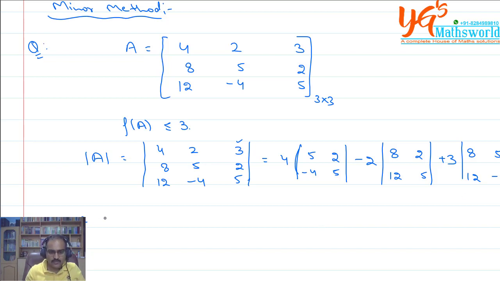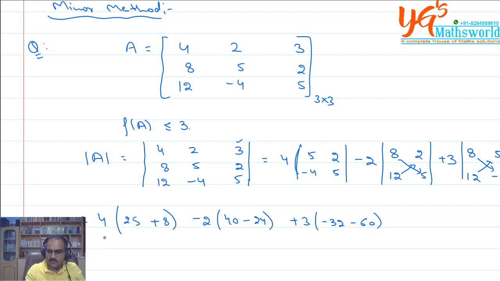Now I need to operate on this: 4 into (5 fives are 25, minus 2 into -4, which is plus 8), minus 2 into (8 fives are 40, minus 12 twos, 24), plus 3 into (8 into -4 is -32, minus 12 fives, 60).